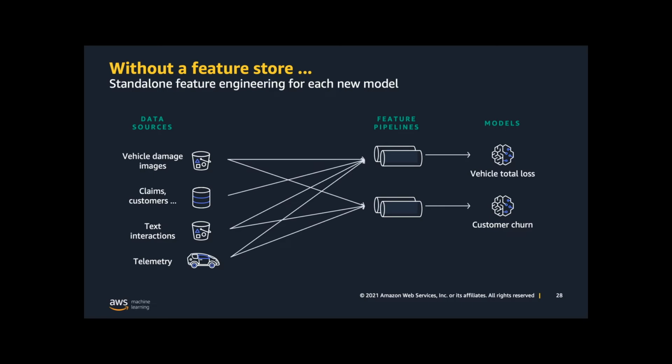That results in feature pipeline sprawl and no standardization across different flavors of transformation logic for the same feature implemented within the same business, the same enterprise. That can become a nightmare from both the governance perspective as well as the accuracy perspective, because at the end of the day, individuals or teams would be managing and manipulating the data in different ways.